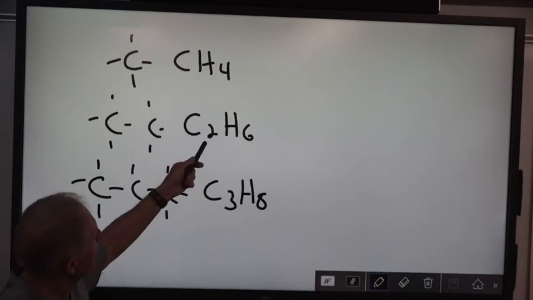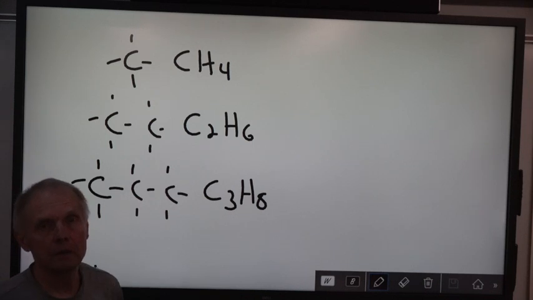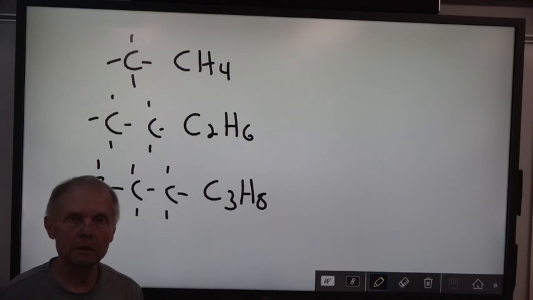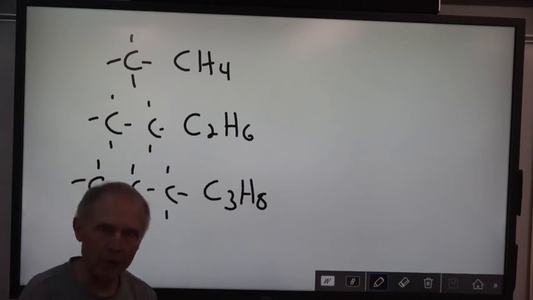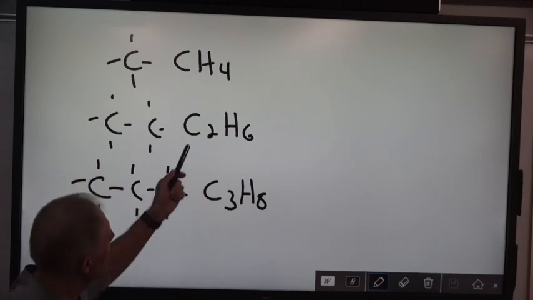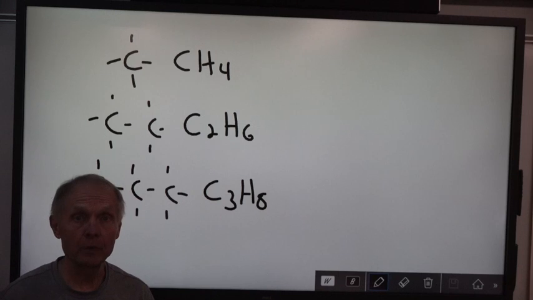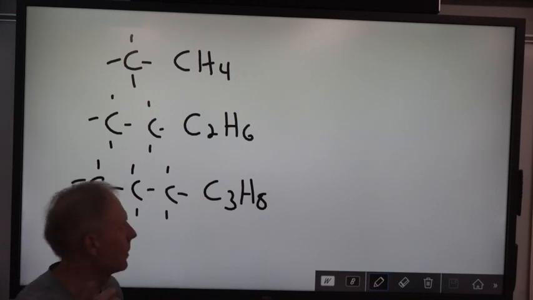Look what's happening. Every time we add a carbon, the hydrogen number goes up by 2, right? So the general formula for the alkanes, if I double the carbon number and add 2, that's what I get. So let's go with decane.